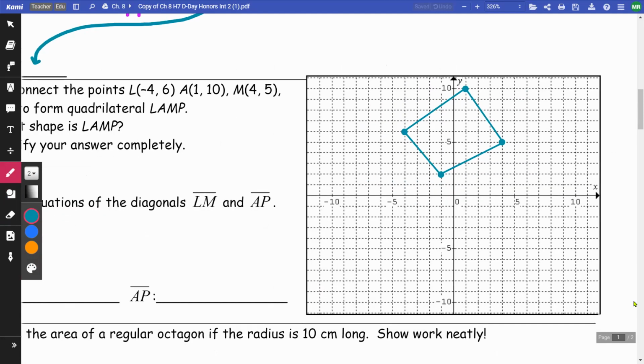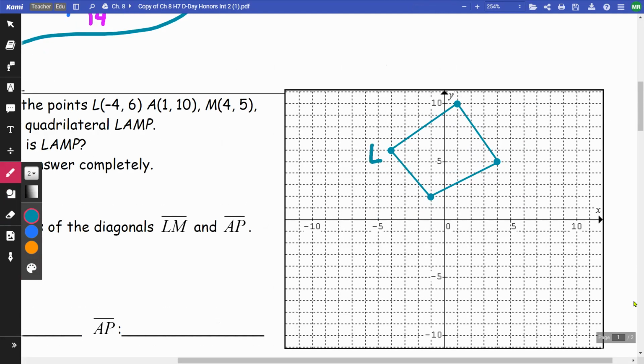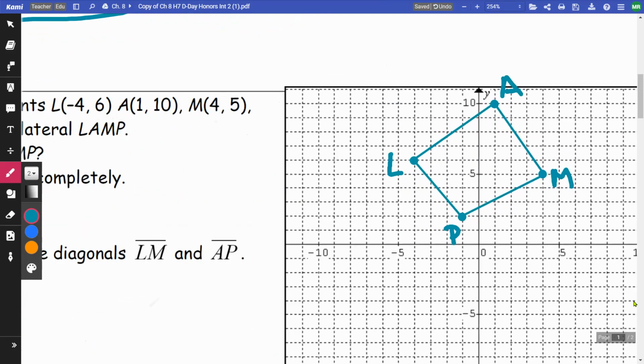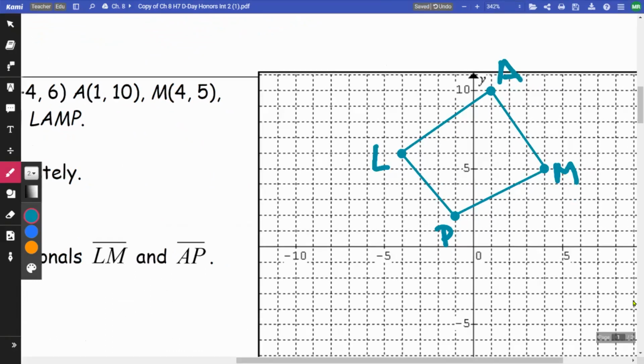So this one was L, this one was A, this one was M, this one was P. So we have this quadrilateral and they want to know what shape it is. So in order to find the shape, I need to talk about a couple things. I want to find the sides and I want to find the slopes here. So I am going to be looking at slope triangles here.